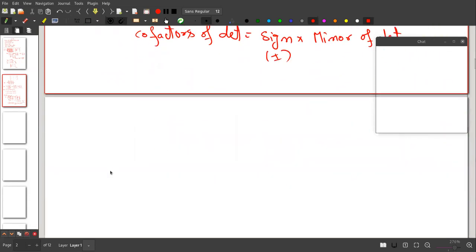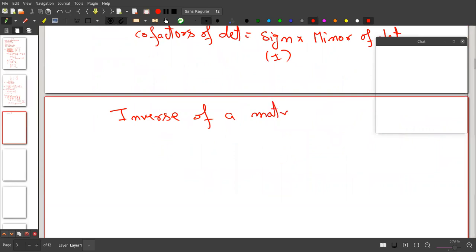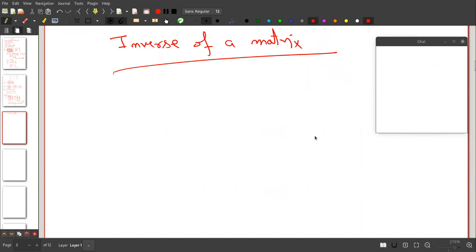So let's go to inverse of a matrix. Inverse of a matrix. Okay, so just a second.